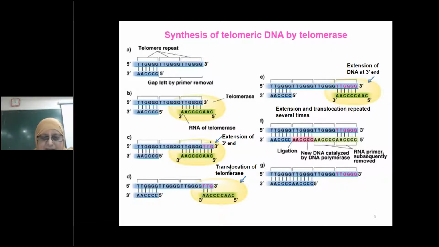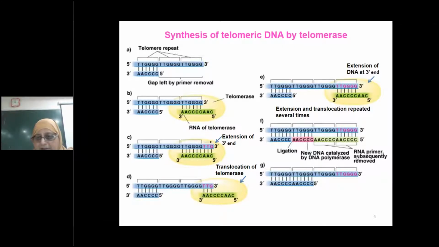Then this telomerase will translocate further, and when it translocates, this AAC is again complementary to these repeats, and then further extension and translocation is repeated several times. So further extension of the nucleotides is taking place at the 3' end, so that the chromosome gets elongated.